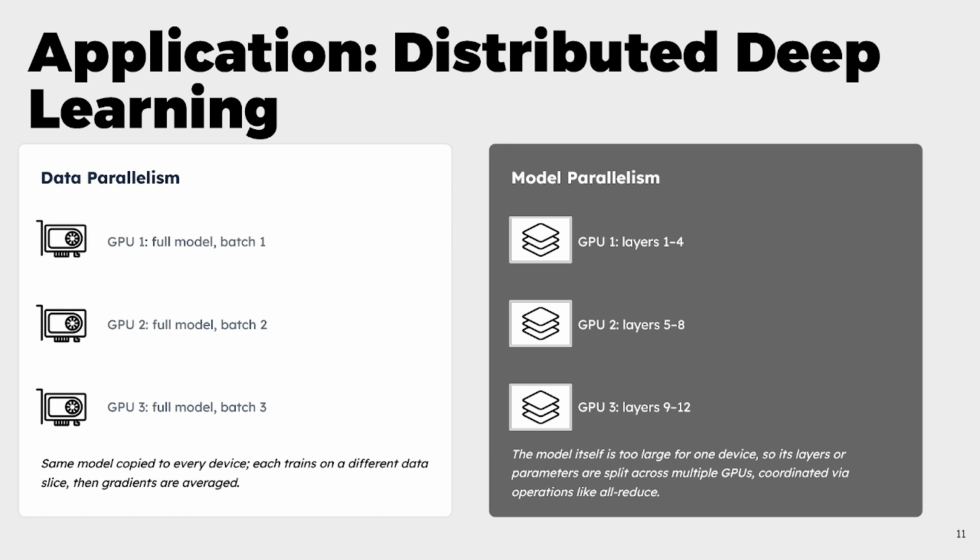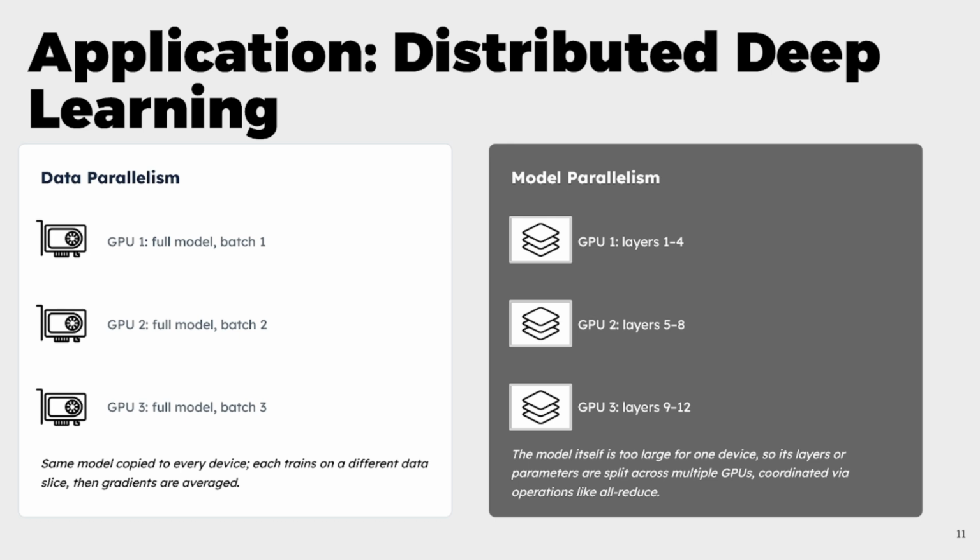There's data parallelism, where you split your training data across multiple devices, and each one trains a copy of the model. And then there's model parallelism, where the model itself is too big to fit on one device. So you split the network's layers or parameters across multiple GPUs.